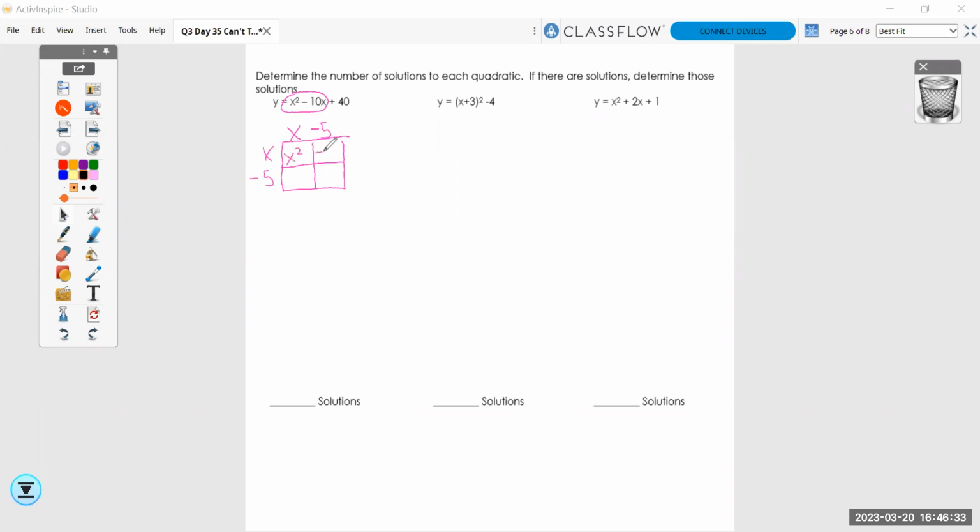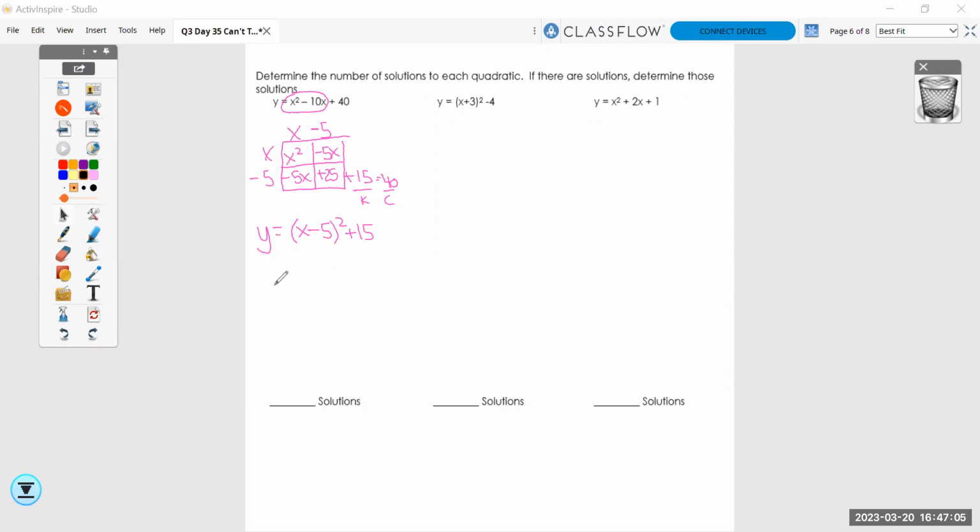So the inside is x squared minus 5x plus 25, but it should be plus 40. So I need to add 15, right? K equals C, so it should be 40. So now vertex form is y equals x minus 5 all squared plus 15.